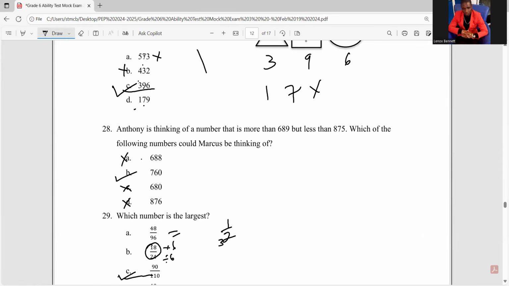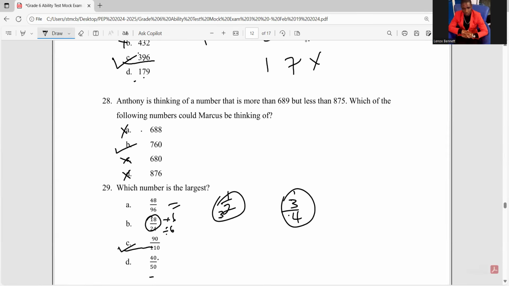Someone, one of the presenters, said this was the smallest. That is not true. 3/4 is larger than a half. All right, so we can say that 3/4 is larger. For this one now, we could divide by 10, 90 over 110, and that will give us 9 over 11. And for this one, this will give us 4 over 5.